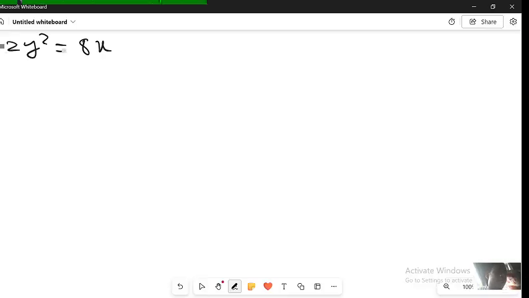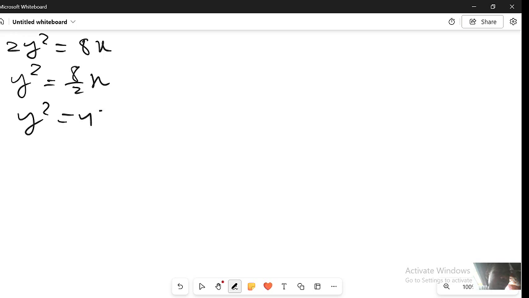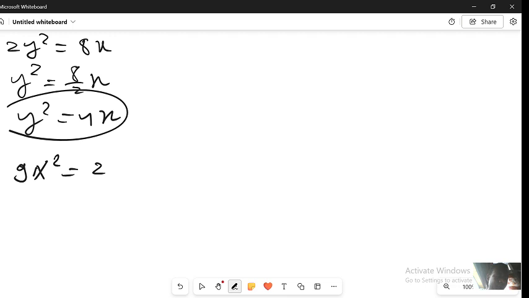I'll have y square going to be 4x. This one is a parabola. Or I can have 9x square equal 2y minus 3. So I'll have x square equal 2 divided by 9 (y minus 3). This one is also a parabola. So now, let's see an example of this.